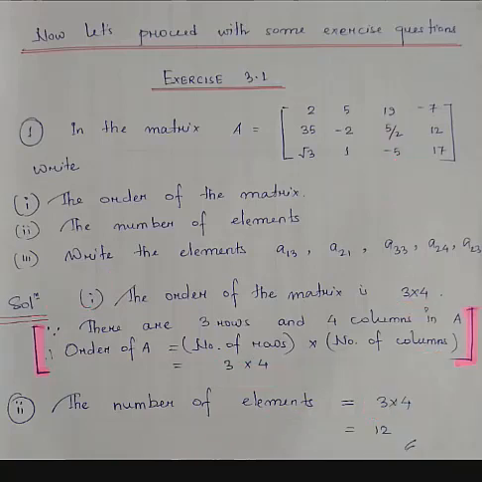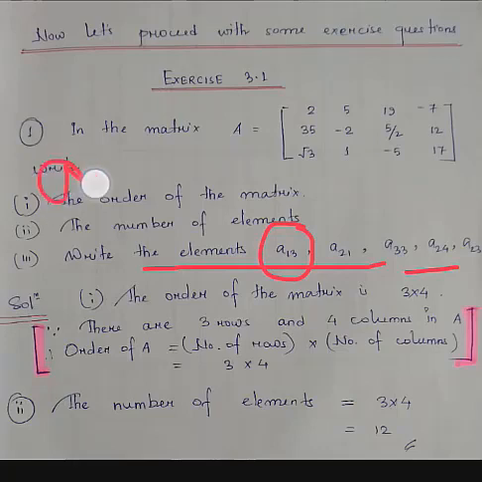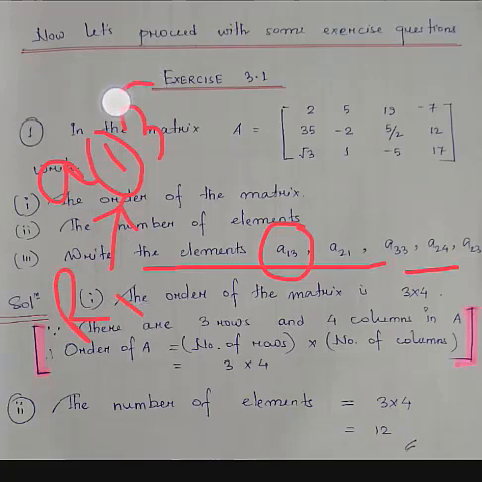After that, look at the third question. What is asked here? Write the elements A13, A21, A33, A24, A23. Let us first check the position of A13. In A13, the first part shows the position of the row, that means it is R1, and the second part shows the position of the column, so it is C3.